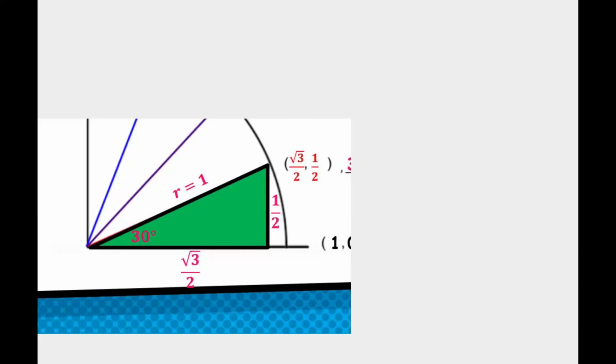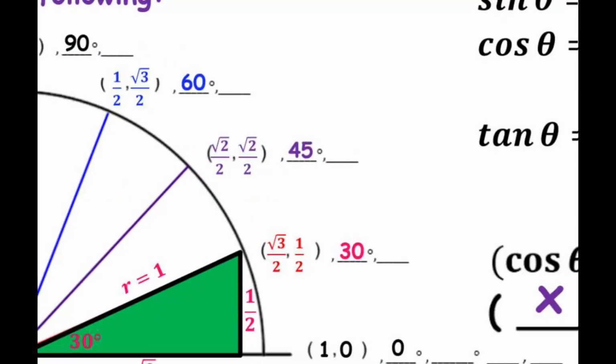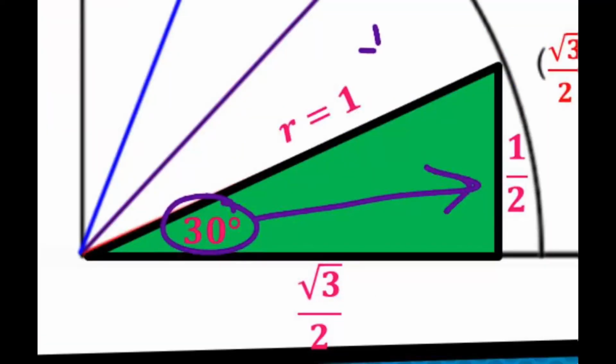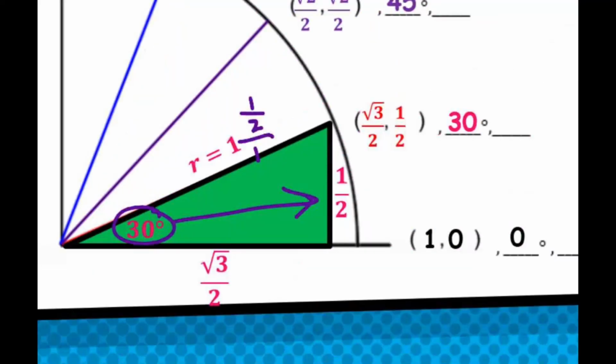sine and cosine are what they are, because if we look at SOHCAHTOA, let me write this up here real quick. SOHCAHTOA. If I look at the sine as opposite over hypotenuse, looking at this 30-degree angle, that would be 1/2 divided by 1, which is just 1/2. And this is a y value. This is how much I'm going up.